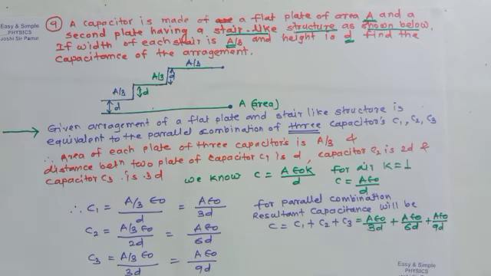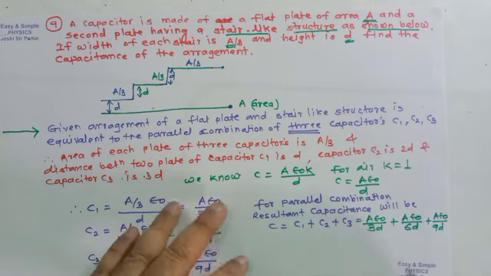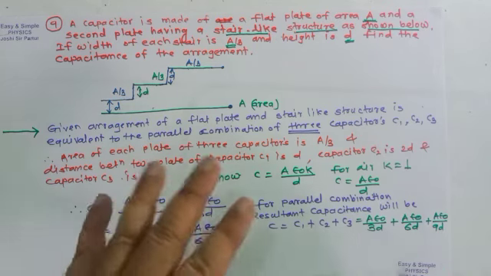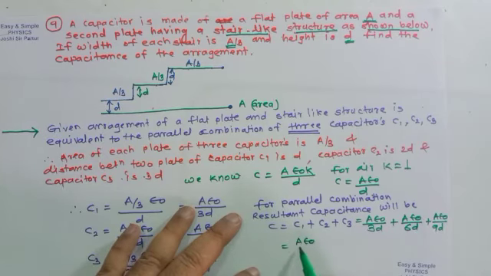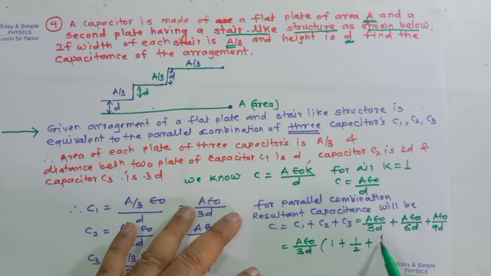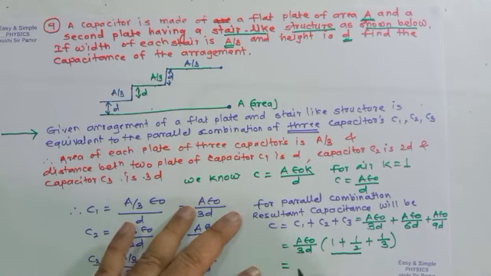If we take a common term A epsilon 0 upon 3D, it will be A epsilon 0 upon 3D, so it will be 1 plus 1 upon 2 plus 1 upon 3. So if we take the addition for the two terms, it is equal to A epsilon 0 upon 3D in bracket 3 upon 2 plus 1 upon 3.